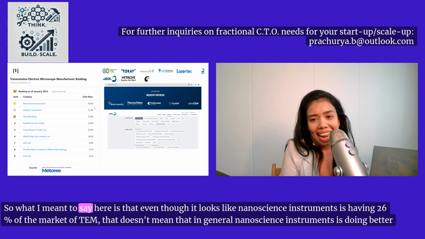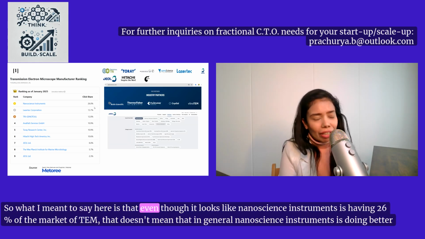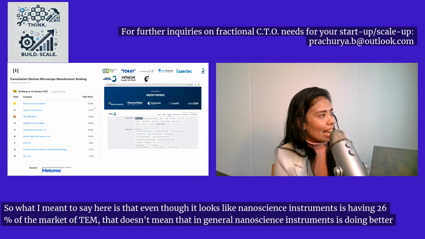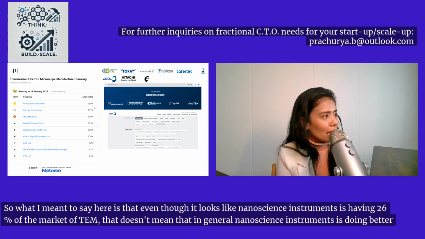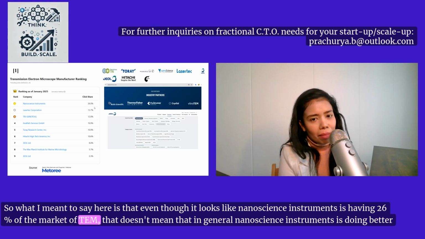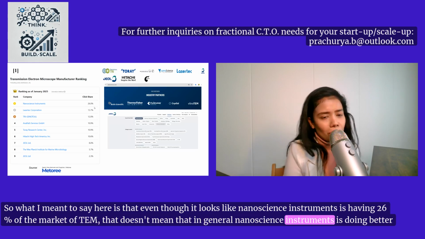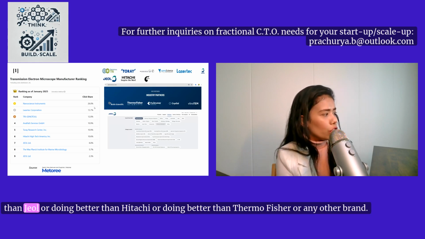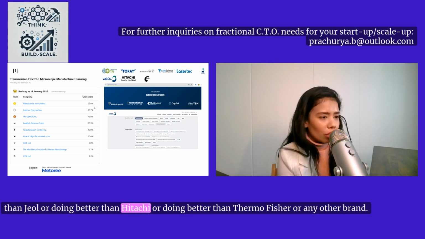So what I meant to say here is that even though it looks like Nanoscience Instruments has 26% of the market of TEM, that doesn't mean that in general Nanoscience Instruments is doing better than Geol or Hitachi or Thermo Fisher or any other brand.